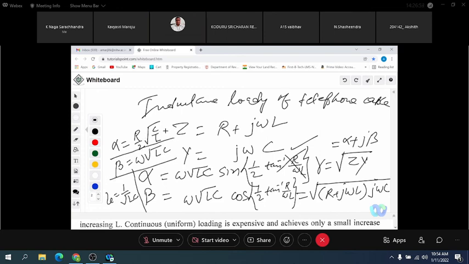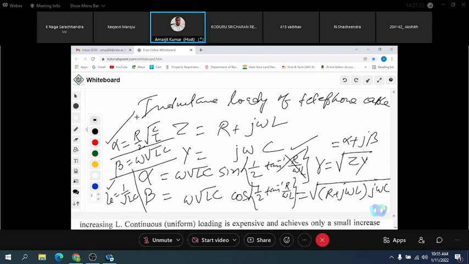After doing the inductance loading of the telephone cable for achieving the distortionless line, alpha is independent of frequency, R by 2 root L by C, and beta is equal to omega root LC. Alpha and velocity we are focusing on. Delay distortion is caused by different velocities; velocity is 1 by root LC, independent of frequency.